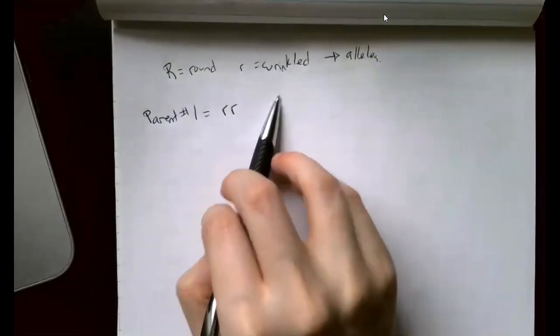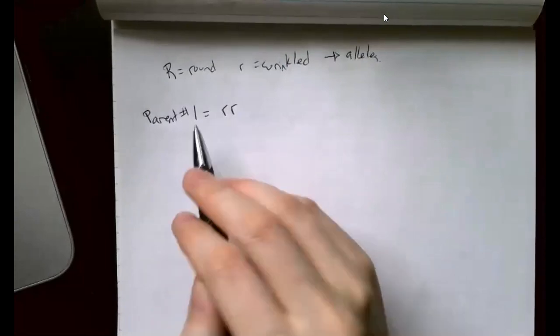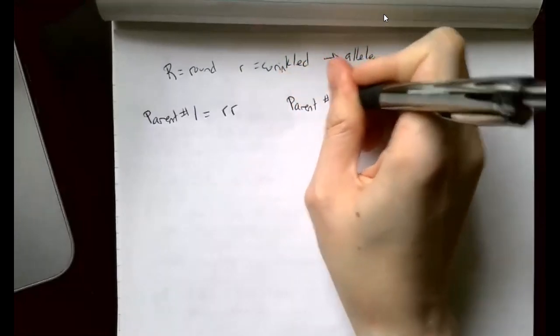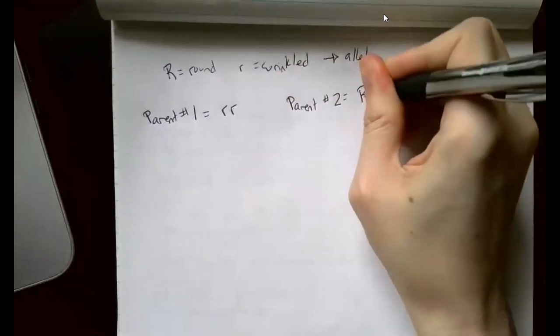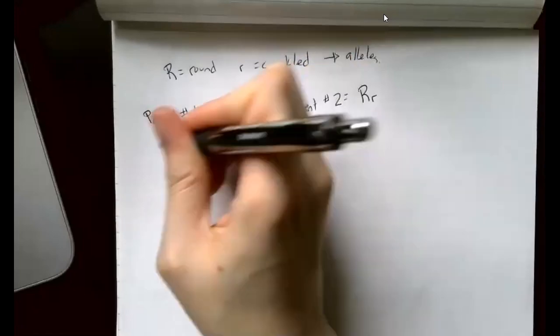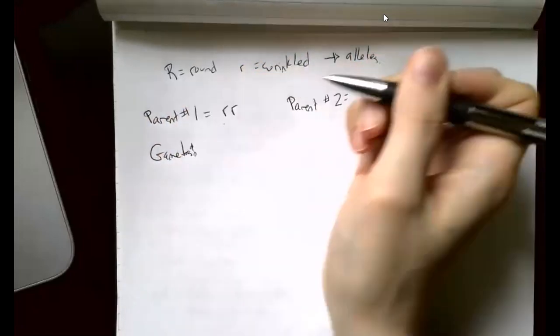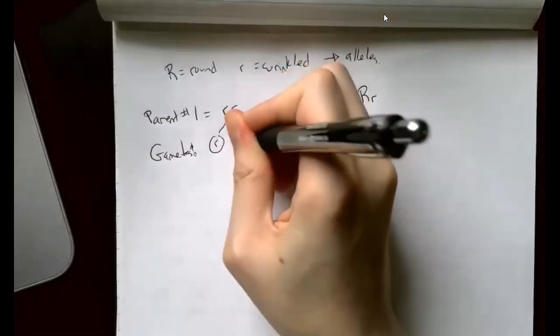The only way to become wrinkled is to have both recessive alleles. And then parent 2 is heterozygous. So that means it's going to have a big R and a little r. Then to figure out what the gametes are going to be, in a monohybrid cross like this, we just separate the 2 alleles.